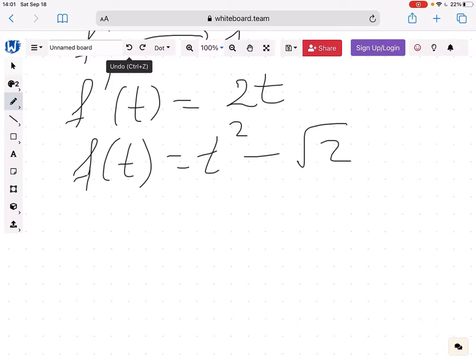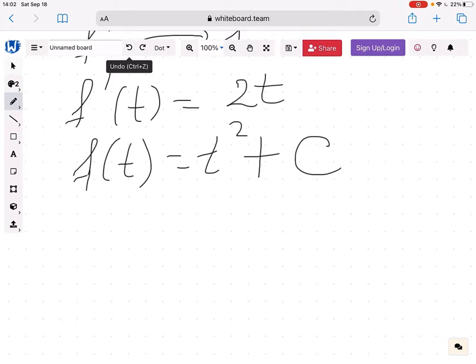Well, the derivative of this function is also 2t. So now you probably understand that t squared plus arbitrary constant c, any constant you want, will give us 2t as a derivative.